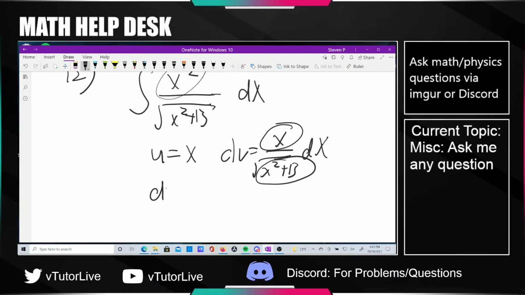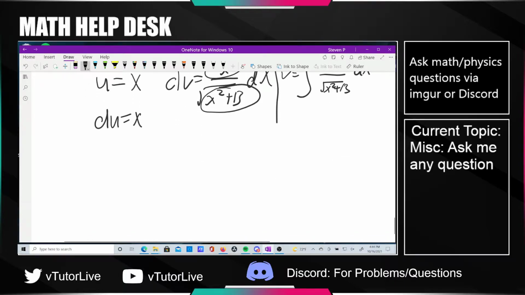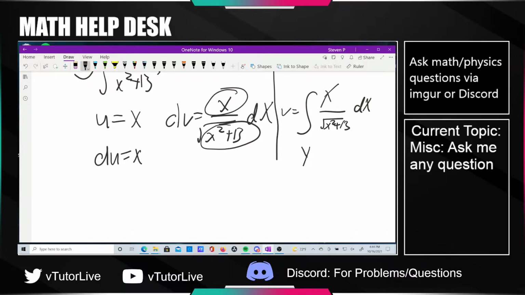So, if du is equal to x, and I want to evaluate this integral off to the side, v is equal to the integral of x over the square root of x squared plus 13 dx. If we use u substitution, we'll call it y instead. So if y is equal to x squared plus 13, then dy is equal to 2x dx.